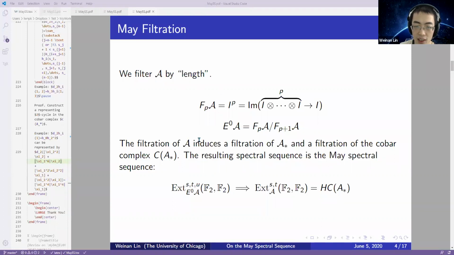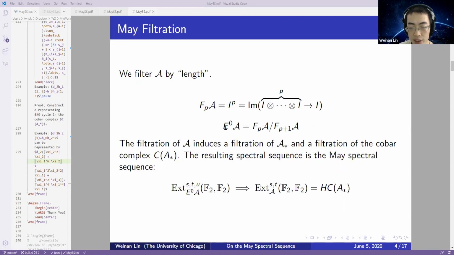What it means is that we consider the powers of the augmentation ideal of A. So here I is the augmentation ideal of A. And we look at how many times an element in A can be decomposed into products. So here F^pA is all the p-fold products of A. And so it's a decreasing filtration.